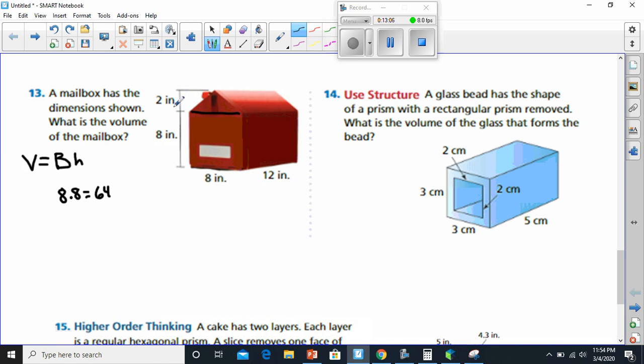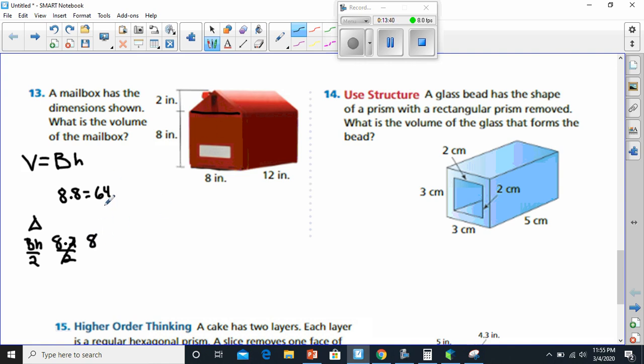And then the triangle is going to be 8 by 2 divided by 2. Remember, the triangle formula is base times height divided by 2. So the base is going to be 8, height would be 2, we divide by 2. Really, that's just canceling each other out. So that's going to be 8. So the area of that triangle is 8.